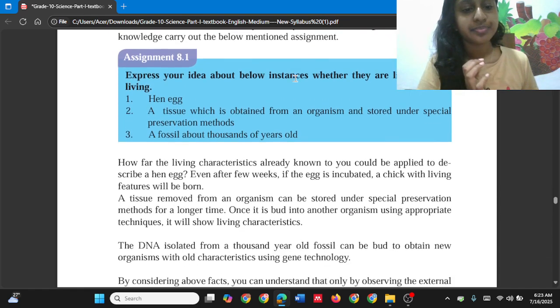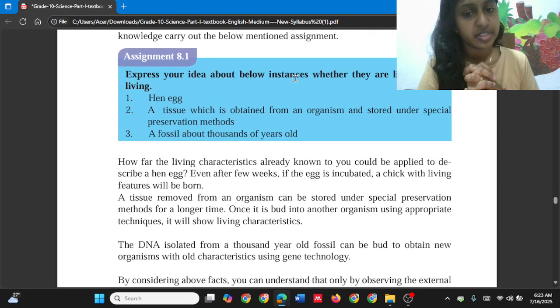Let's see how far the living characteristics already known to you could be applied to describe a hen egg. Even after a few weeks, if the egg is incubated, a chick with living features will be born. A tissue removed from an organism can be stored under special preservation methods for a longer time.